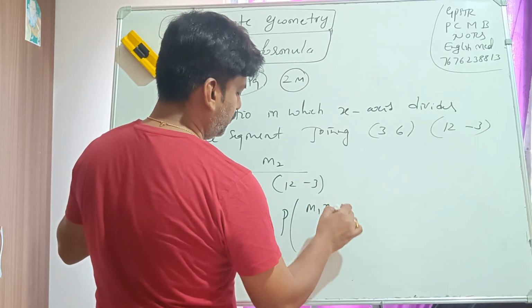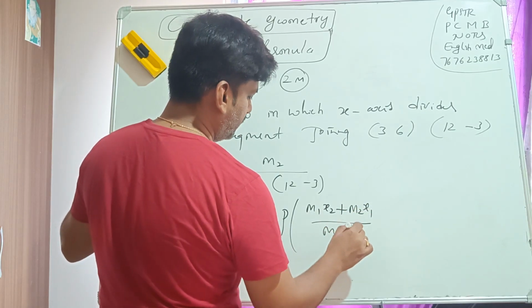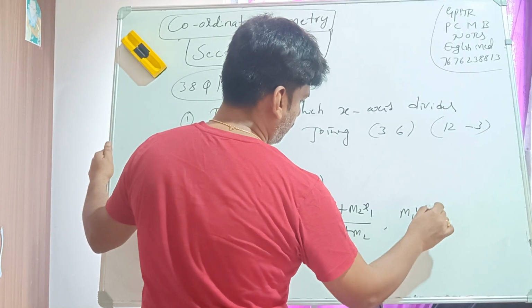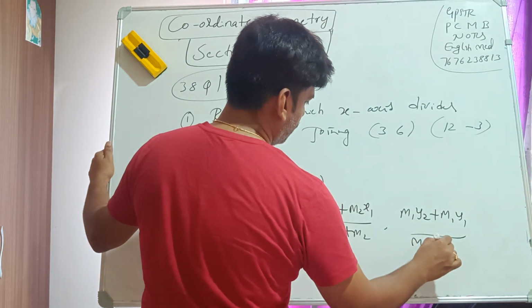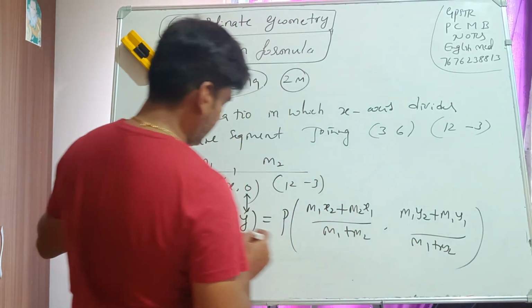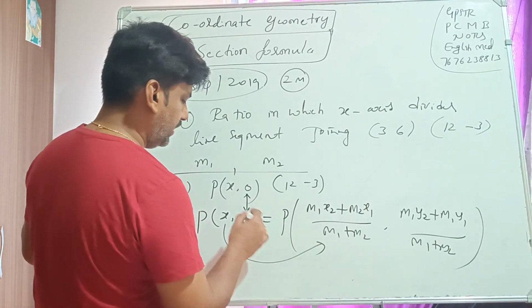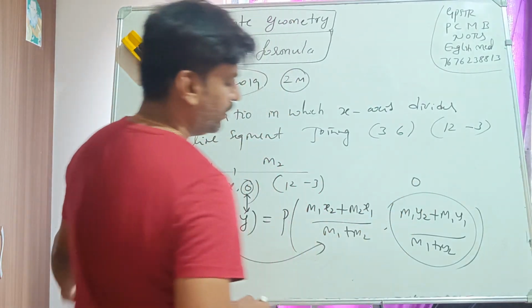m1 x2 plus m2 x1 divided by m1 plus m2, m1 y2 plus m2 y1 divided by m1 plus m2. So here from this you can compare this and this. Here is the x value, and what is the value of y? The y value means this value is 0, right?